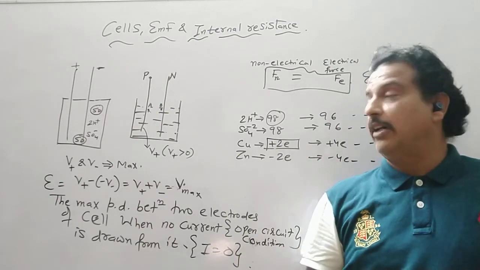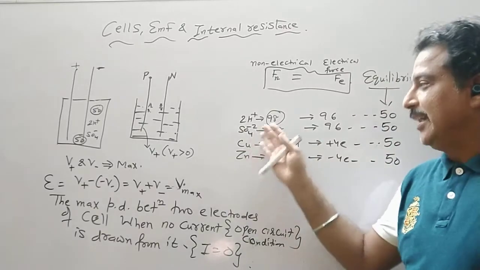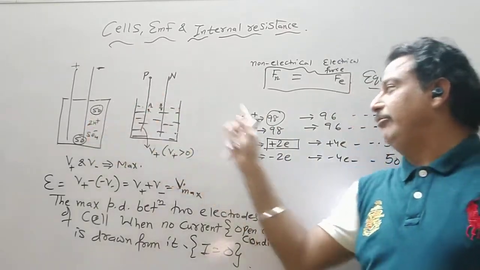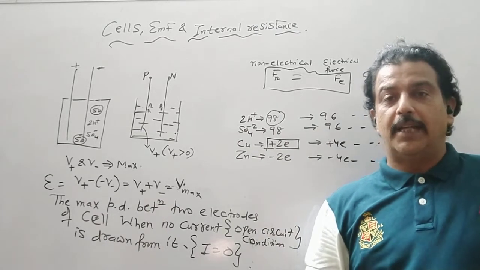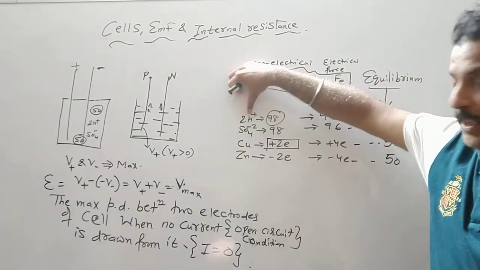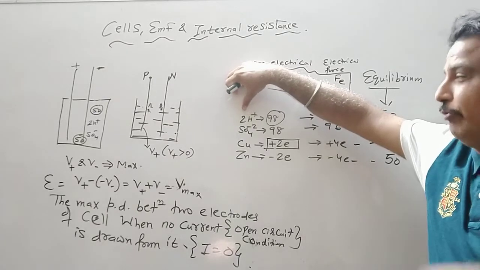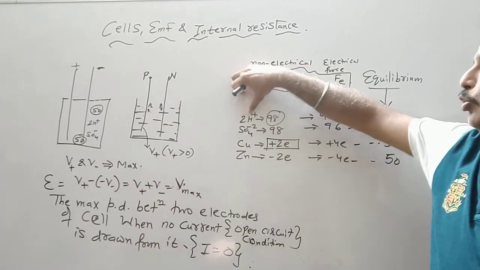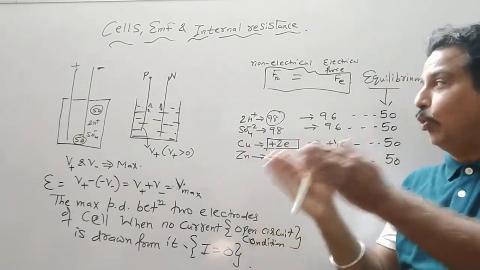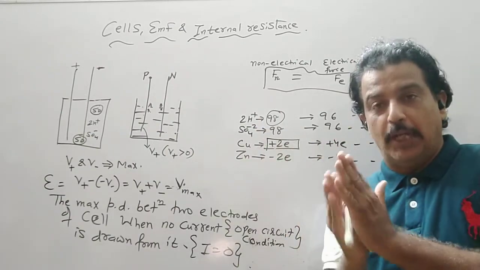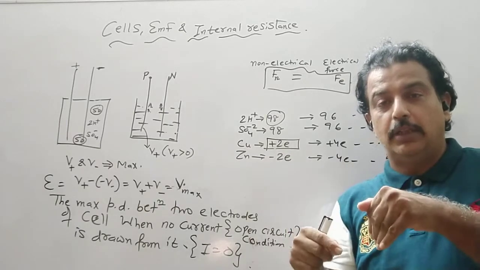Because it is sulfuric acid, to balance it we take 2H plus ions. If I write only H plus, it is a unit positive charge. So per cycle, we have 2H plus ions. This H plus has moved inside the electrolyte when we dip the electrode.